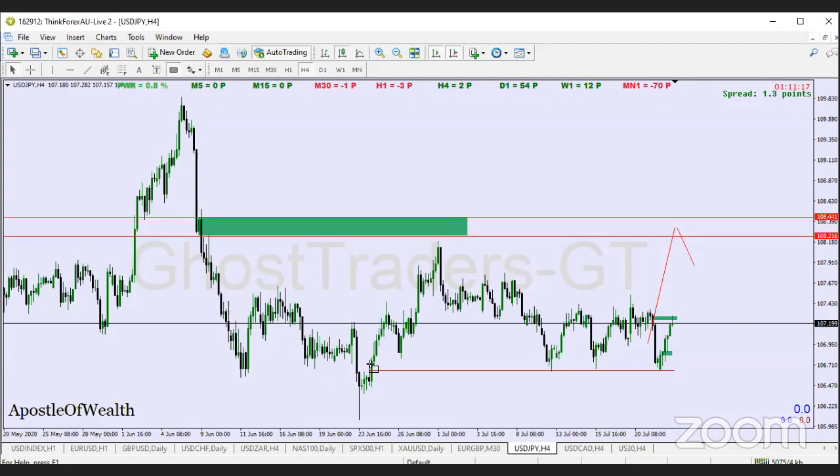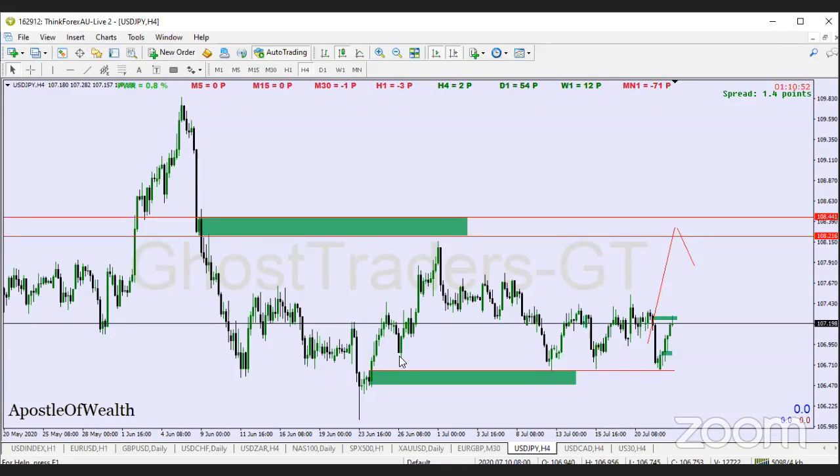Our approach is the most significant thing that we have in the market. How you approach the market, how you see the market is gonna define your success. And we need to get out of this tendency of thinking that price is being moved by trend lines and stuff like that. It doesn't happen like that, okay? There is no line that you can draw that can move the market.